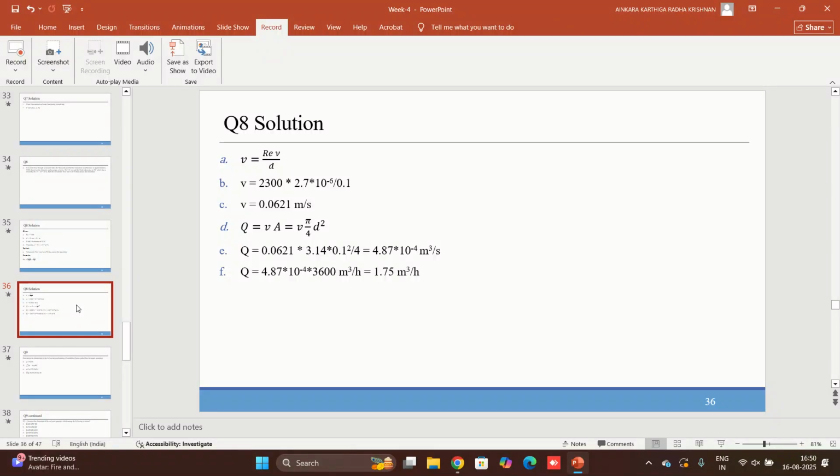It's 2300 into 2.7. What is your value for velocity?